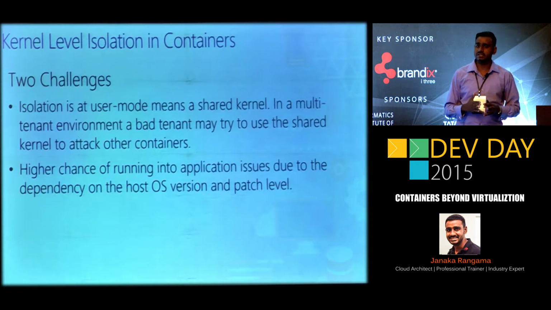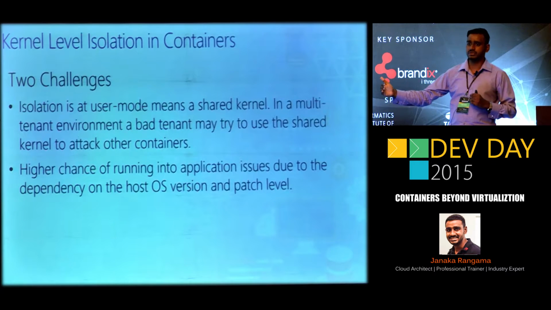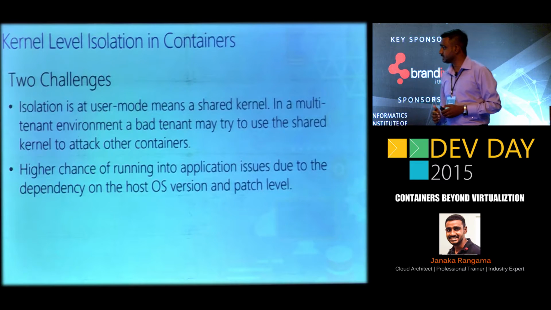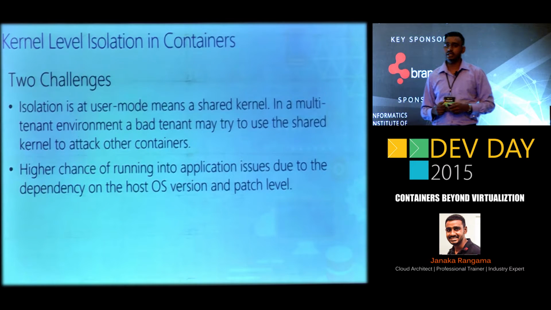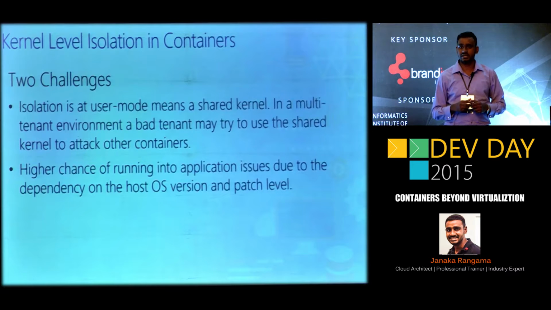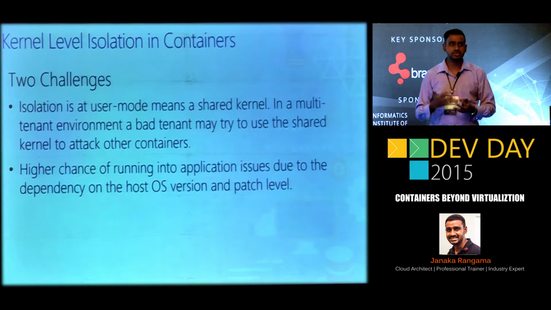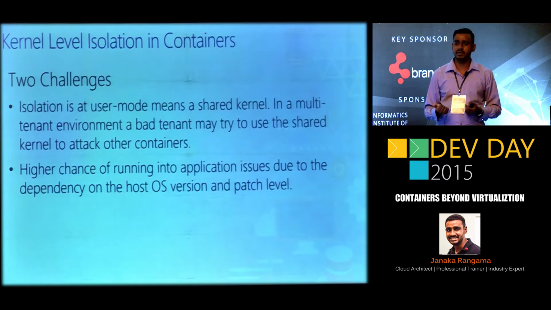I will still be using the same shared kernel within that host OS, and it's vulnerable. And the other thing is, one container might depend on a particular OS patch level, right? If I patch the entire host and put software updates in, a couple of containers' applications won't work. So that is again interdependent.